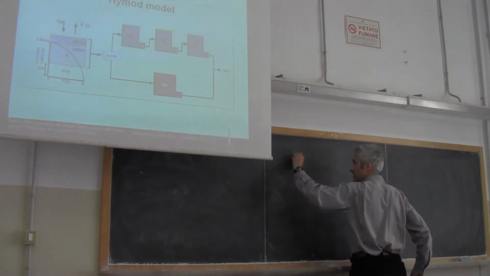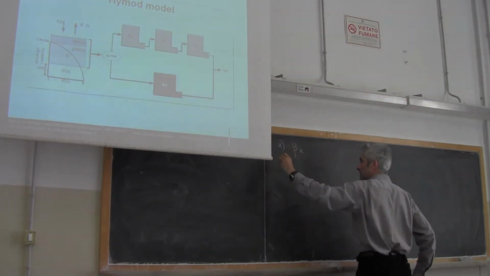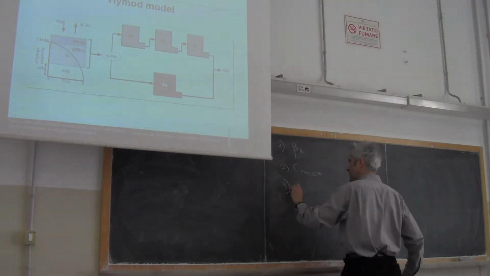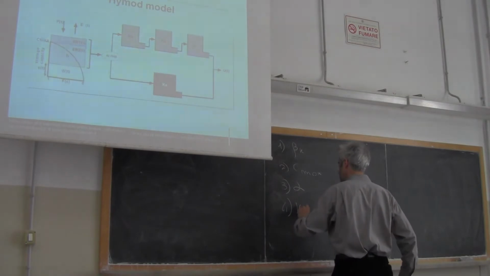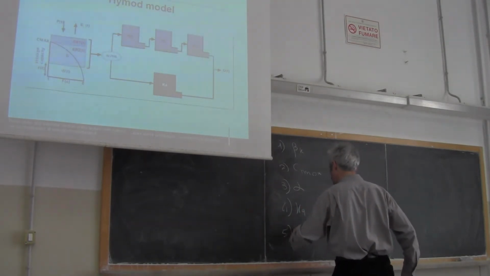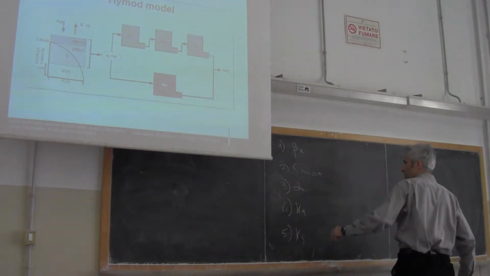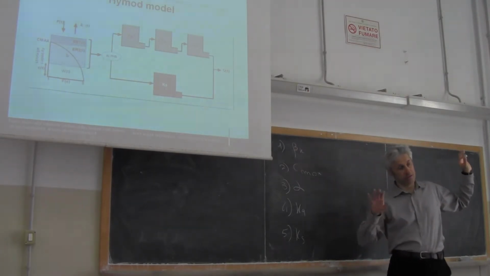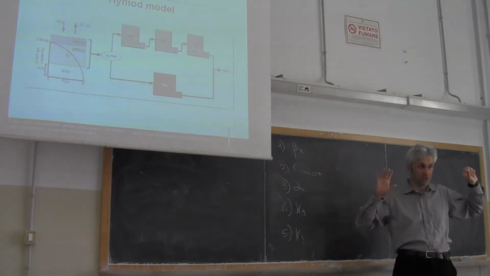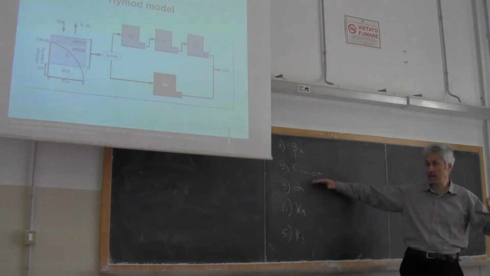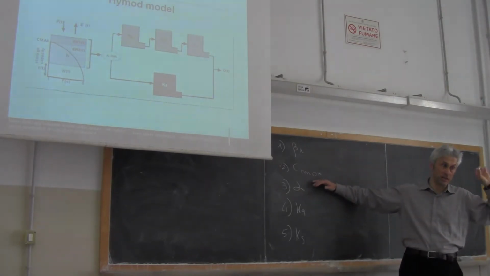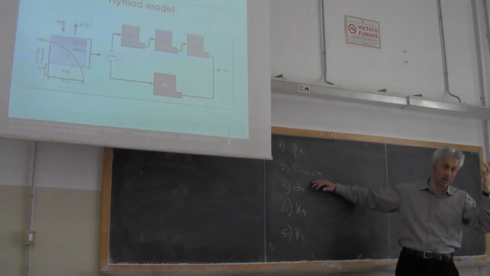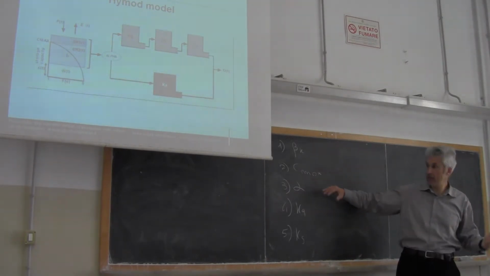So, number 1, beta k, number 2, Cmax, number 3, alpha, number 4, kq, number 5, ks. Beta k is the exponent in the analytical relationship giving the percentage of saturated area. Cmax is the maximum storage in the most permeable, let me use this term, location of the catchment.